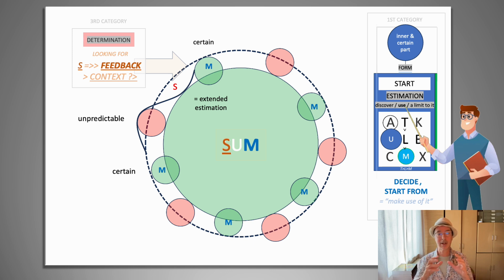So in this case, if the S is the leading part, the determination is the leading part, the context is the leading part, and the end effect is the leading part, we have to be careful that our estimations are correct. So we had better use a correct method that is predictable and not uncertain.